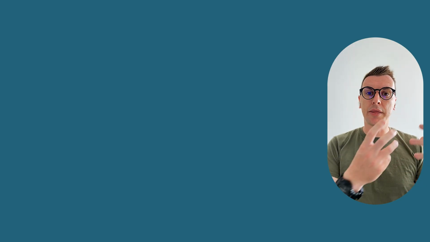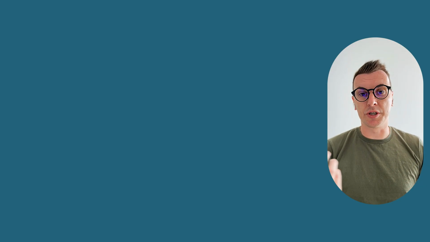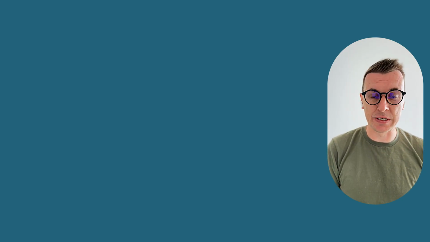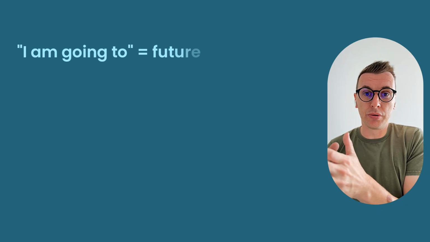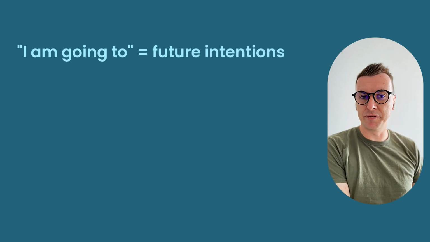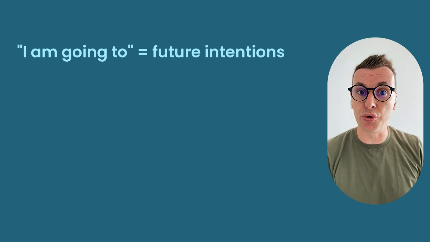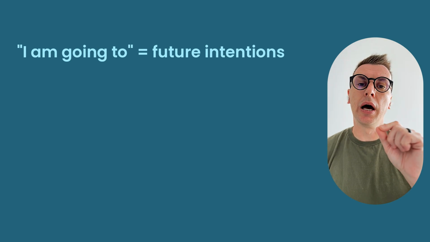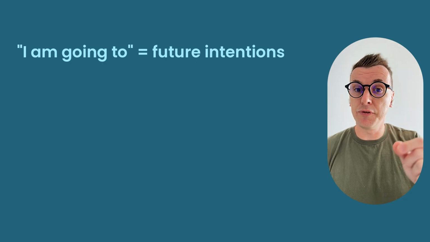Now let's take a look at the result part. So we just stated that we're going to use will there, or a future tense, okay? Now, technically speaking, I'm going to can be used as part of a future tense because you're talking about your future intentions. Now, what is another construction that you can use about the future?